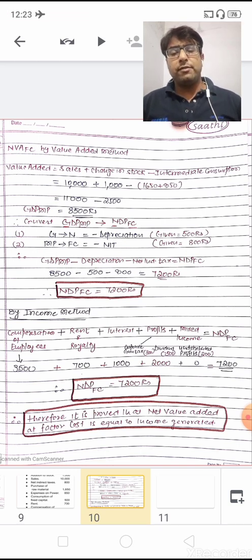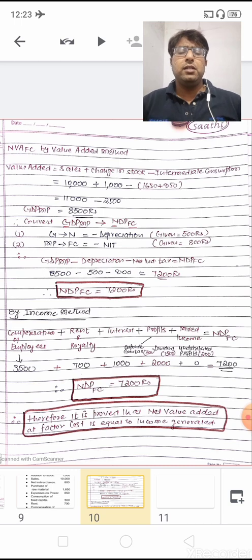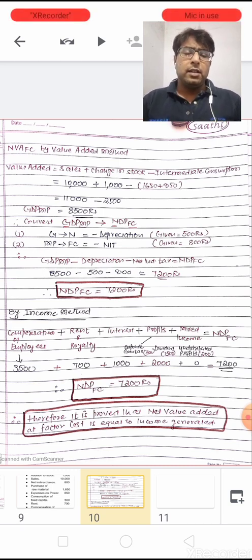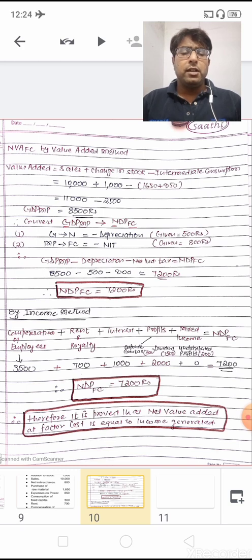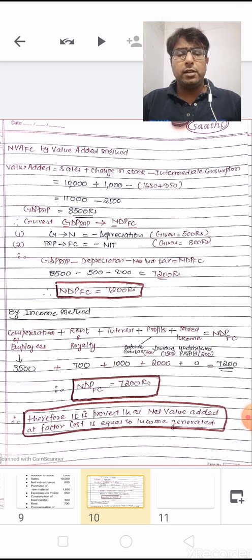So 8,500 is the value of GDP-MP, minus 500 is the depreciation, and minus 800 is the net indirect tax. Now when we subtract both these values from 8,500, we get the value of NDP-FC, which is 7,200.